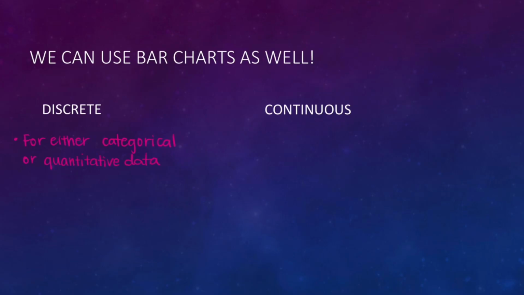It means that there are no in-betweens. For example, discrete data would be like favorite ice cream flavors, because you don't have anything in between chocolate and strawberry, right? I guess you can mix them, but when you're asking the survey questions, you're just going to ask for one or the other. It's discrete. There's no overlap, no in-between numbers.